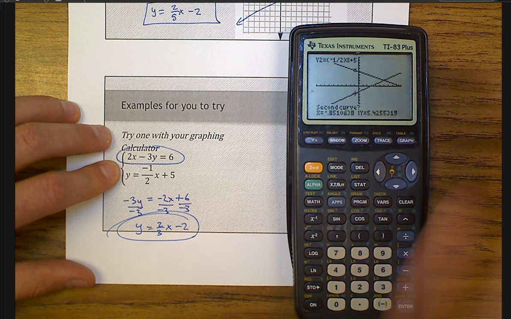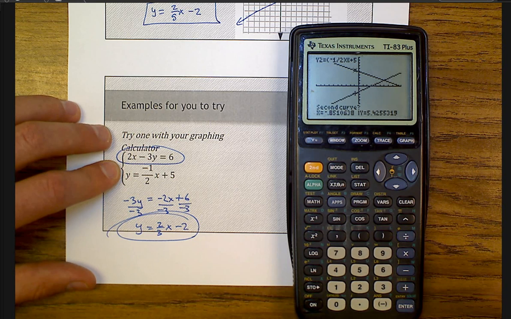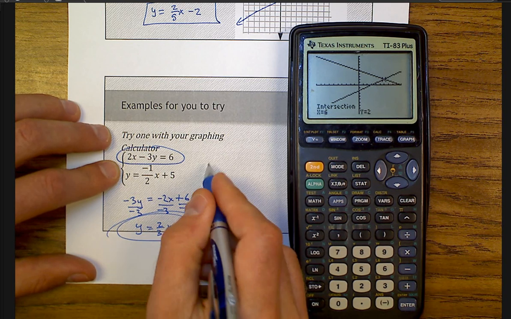Because you could have a situation where there could be more than one line, and you just want to calculate maybe 2 of them. So it's kind of a known thing that these are your 2 curves, but your calculator just wants to make sure. So hit enter again, and then it'll say guess. You don't want to guess, so just hit enter again. And it's calculating, and there's your intersection point right there, 6, 2. And so our answer to this one is 6, 2.